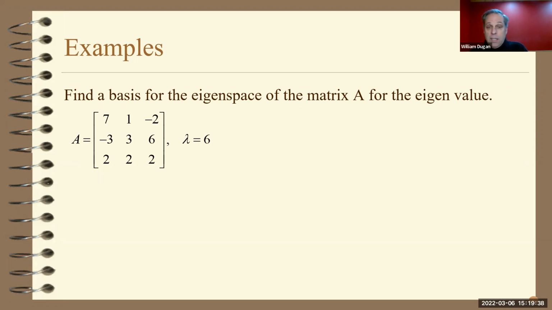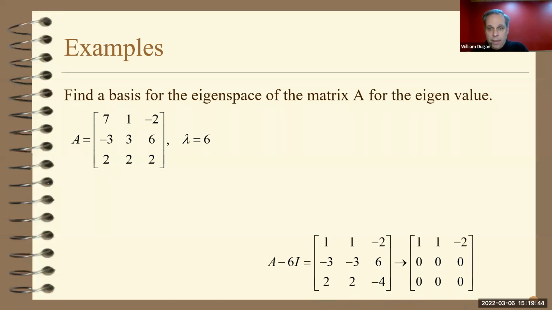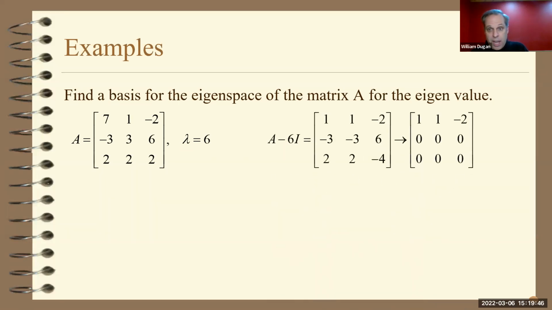So if this actually is an eigenvalue, that means the matrix A minus lambda times I, in this case A minus 6 times I, should have a non-trivial null space.